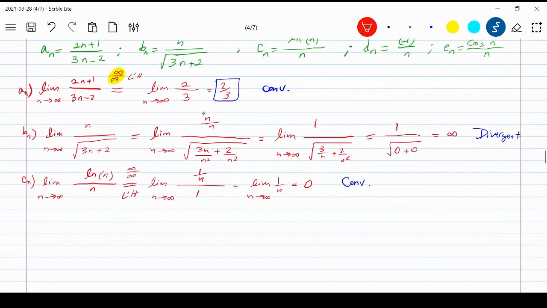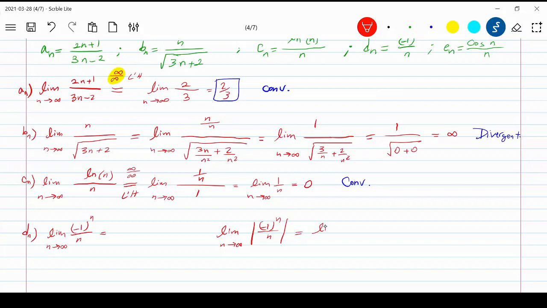Okay, sequence d_n. The limit of (-1)^n divided by n as n approaches infinity. You can replace n with infinity, but I'm going to use the theorem that we learned. Let's look at the absolute value of (-1)^n divided by n. If you're dealing with the alternating form, it is always better to deal with the absolute value.